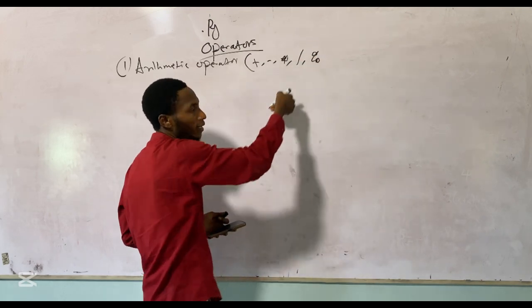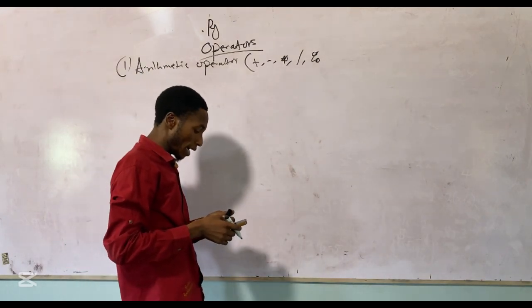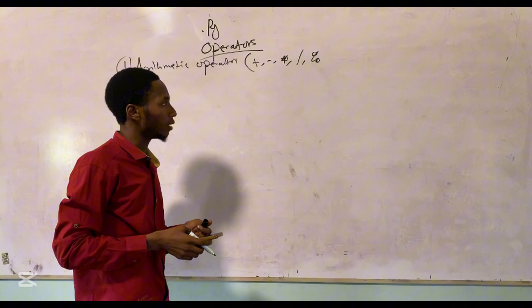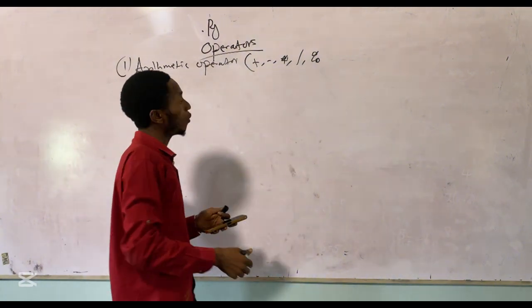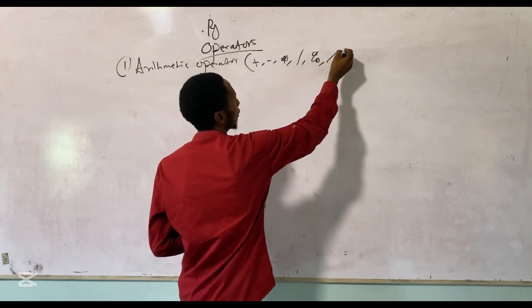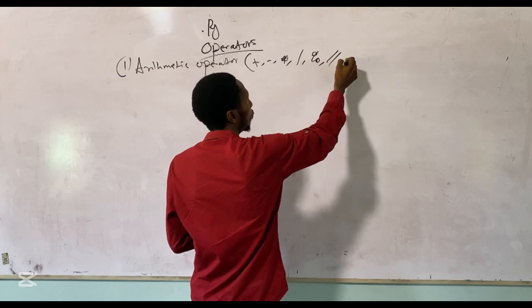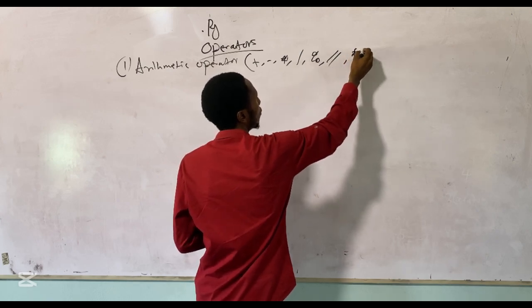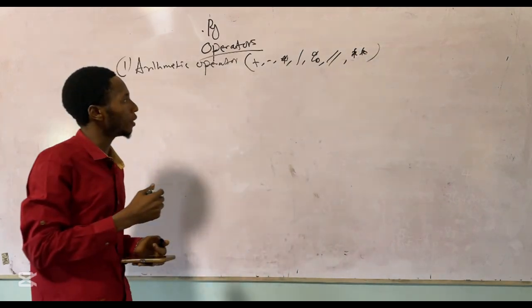This is just a percentage sign, which also acts as a remainder. Yeah, modulo acts as a remainder. Then we have a floor function also. Then we have the exponential, which is double asterisk. That's arithmetic operation for you.